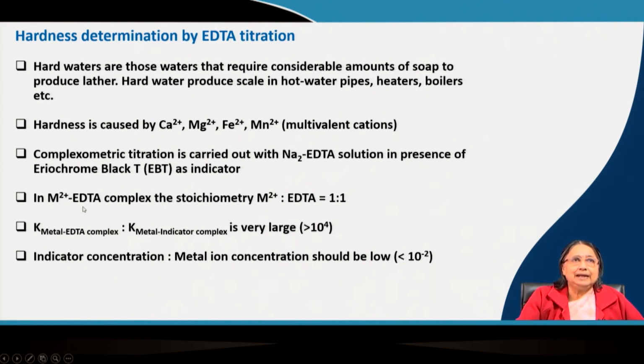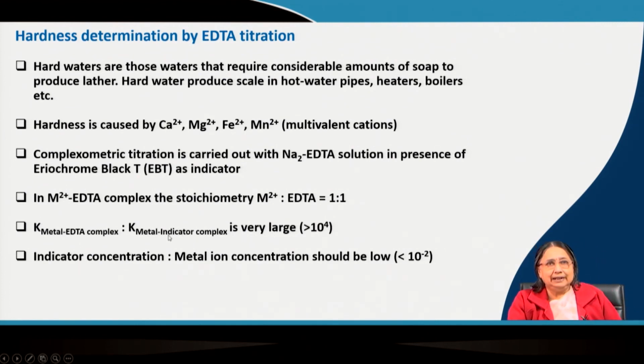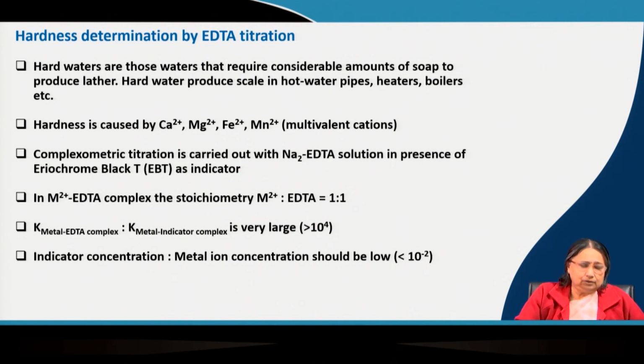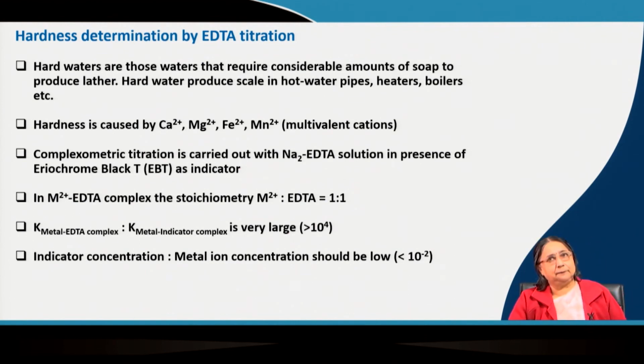So, EDTA will break this complex between metal ion and Eriochrome Black T indicator, and finally the indicator will be free, showing its original indicator color, and the metal will be captured by the EDTA. Okay. So, this is a very important part, and that has been used for hardness determination. Okay. So, complex formation is such an important thing in chemical equilibrium.